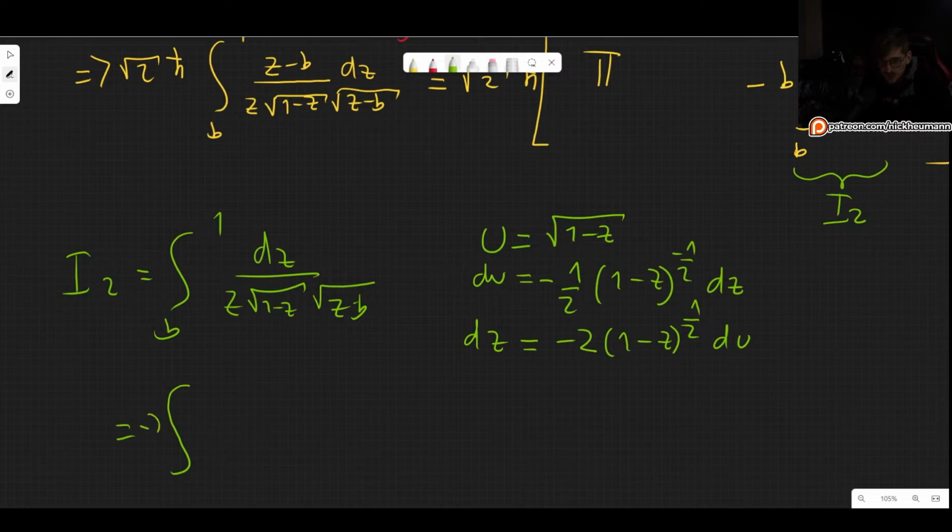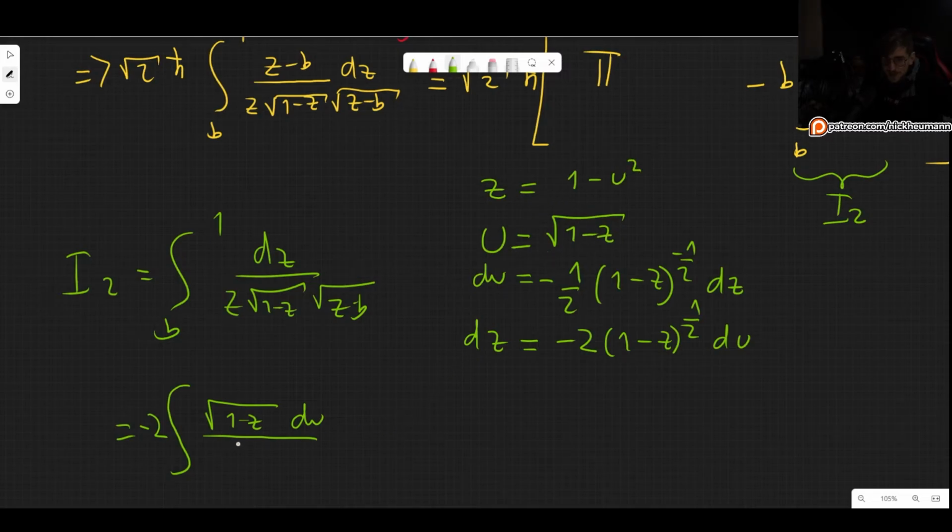Okay, so we have minus 2, and then the square root of 1 minus z, then we have du, all of this divided by z. But what is z? We can find z just as before from here. So z is going to be 1 minus u squared, right? This goes with a minus, this is plus.